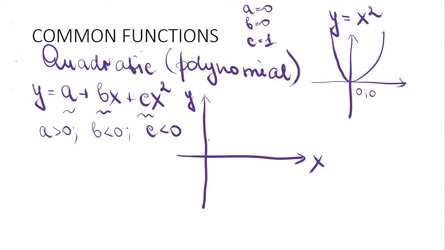I mean the intercept with y. Because there is a negative coefficient in front of the linear term, the function will shift to the right. And because c is negative, the parabola will be inverted. So it will look like this. And so on and so forth. So there might be different combinations. I would like to underline that when you run a regression model, you never specify the signs.